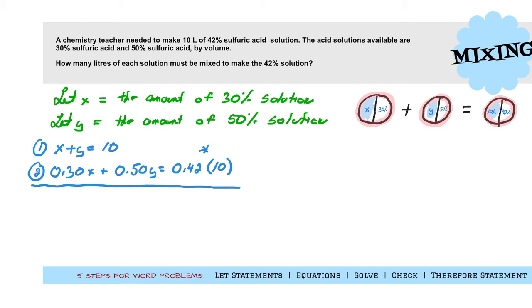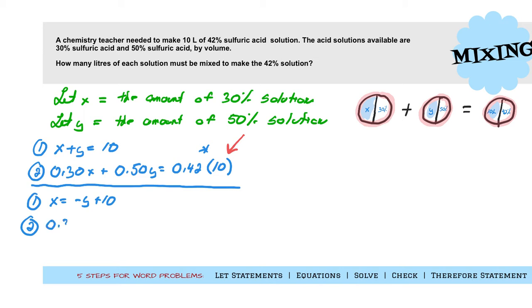So I'm going to say in equation number 1, x equals negative y plus 10. And in equation number 2, looking at it, I'm going to be really careful here. I'm going to show you that you have to be really careful with this value. So even though I want to multiply through to clear my fractions, I need to come up with that value first.